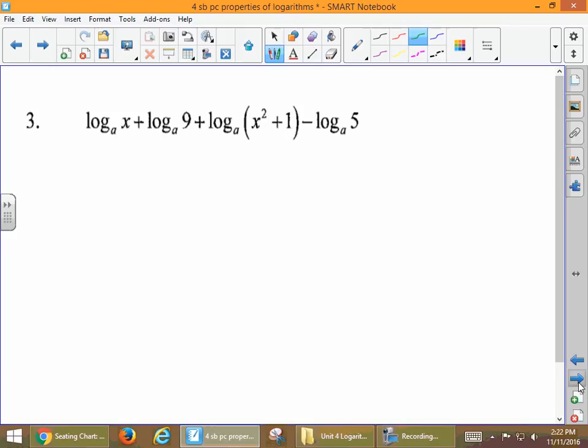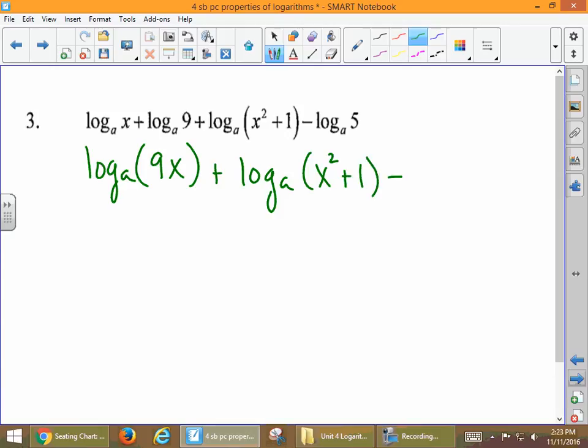So when we combine here, this is going to be log base A. We're adding the first two terms together, and what does addition tell us to do? We're going to multiply. So this is going to be 9 times x, 9x. But we still have log base A of x squared plus 1 minus log base A of 5.